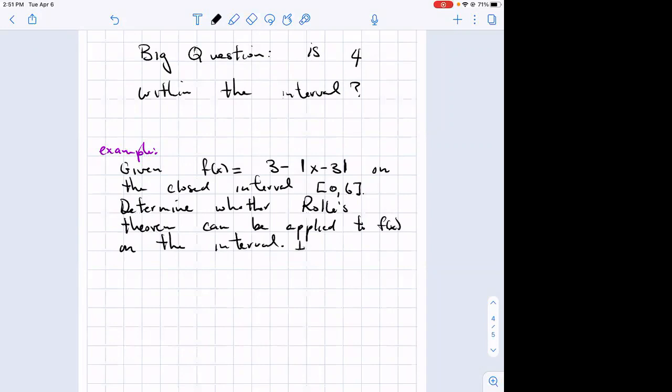If it can be applied, find the value or values of C in the open interval AB.